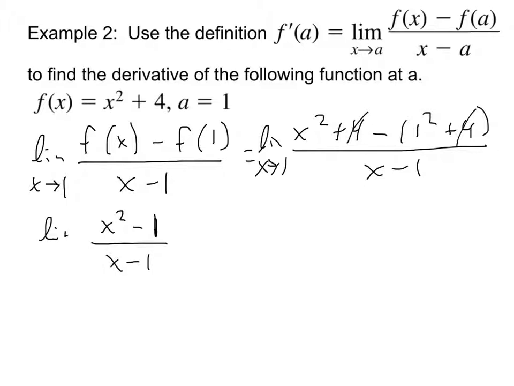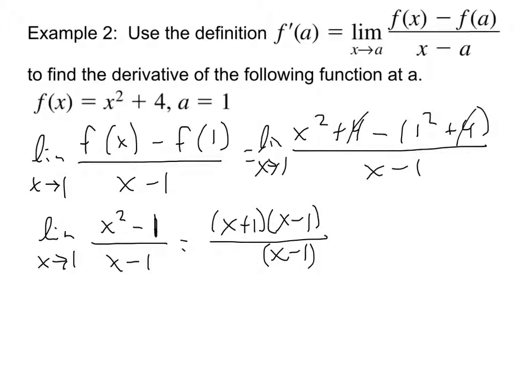Again, this is the limit as x goes to 1. We still can't plug that in because we still get a 0 in the denominator. So let's factor the numerator. That should go to x plus 1 times x minus 1 all over x minus 1. Those cancel. This was the limit as x goes to 1.